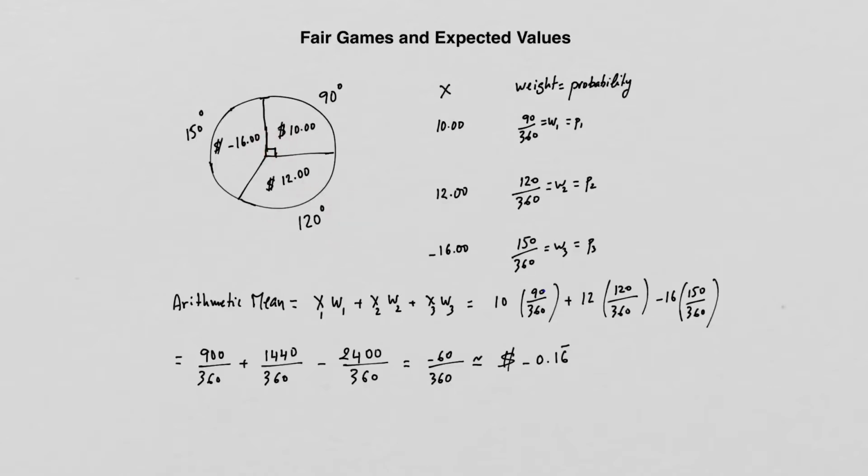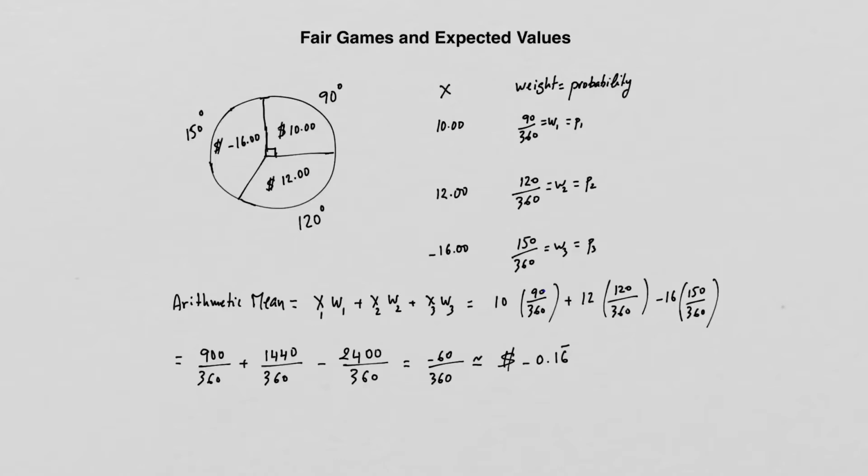So I put all the angles outside, okay? So if you hit this region, you win $10. If you hit this slightly bigger region of 120 degrees, you win $12. And if you hit this region, which is even a little bigger than this one, you lose $16.